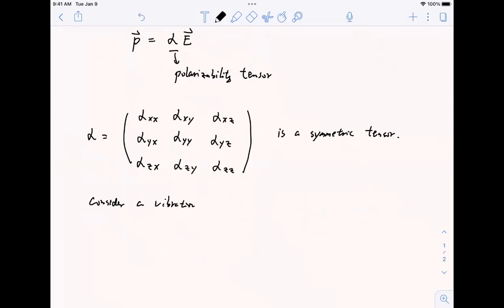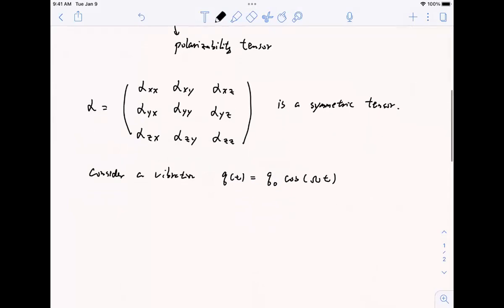Let's consider vibration, and we use this Q to represent the vibration, equal to Q0 cosine of omega t.